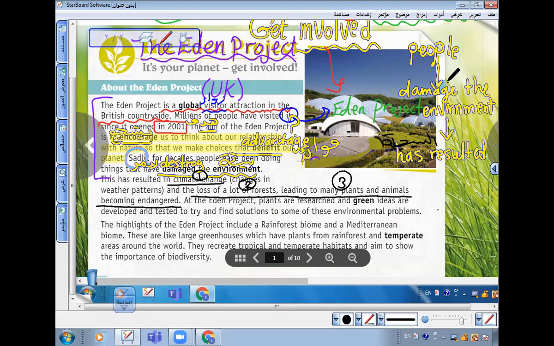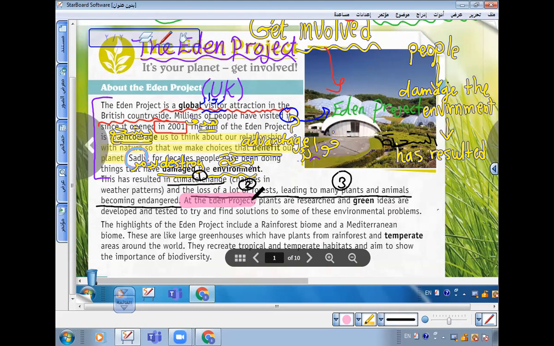يلا. At the Eden project, look at this one here, at the Eden project. Plants are researched and green ideas are developed and tested to try and find solution to some of these environmental problems.